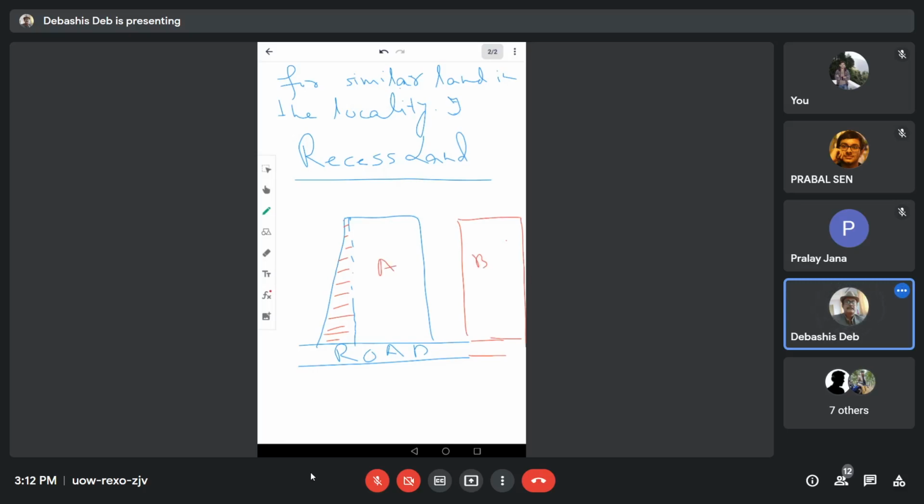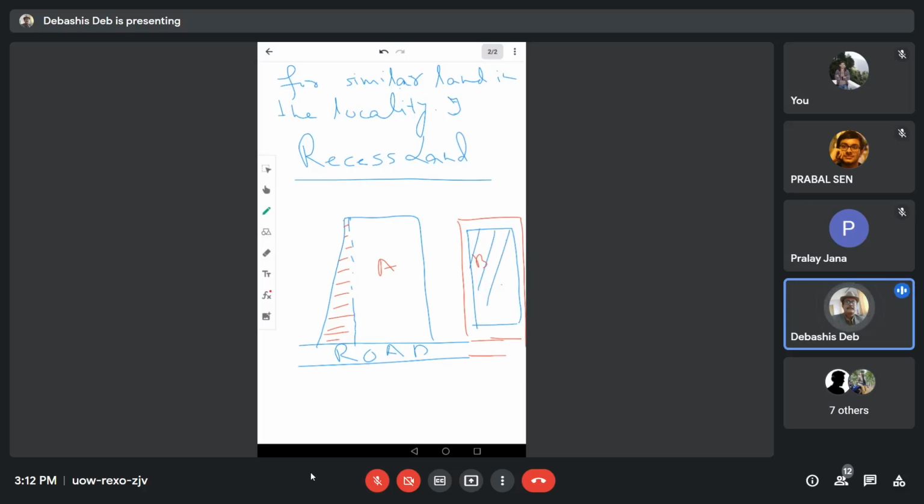For B, you are perhaps aware that for construction of any building or structure, you will have to keep some space at the back, at the front, at the sides. For B, say if I want to develop the entire plot by constructing the building, I can leave this space and construct in this way.